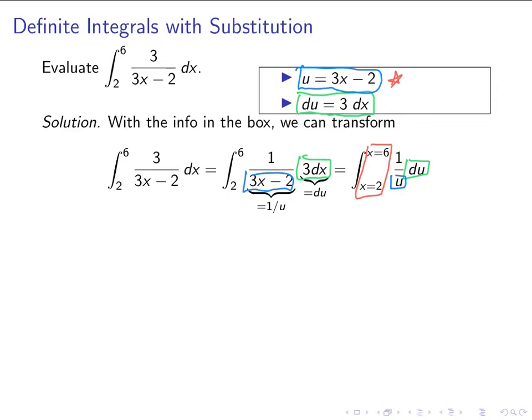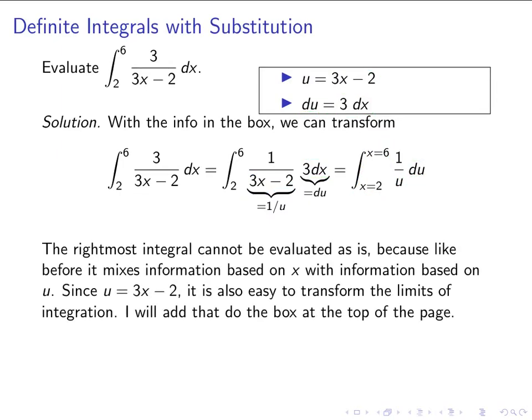In other words, if you tell me a number value for x, I can use the box thing that has a star next to it to find the corresponding number for u, and vice versa for that matter. But it's easy to translate the x equals 2 and x equals 6 into u values as well. What I'm going to do is take that as translations of x equals 2 and x equals 6 to be in terms of u. I'm going to add those to my box as well.